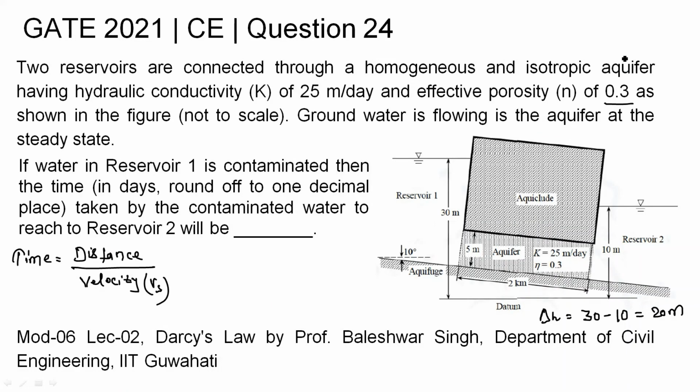Now you can find the time. The distance is 2 kilometer, that is 2 into 10 to the power 3, divided by the velocity you have just calculated, 0.833. Solve this equation quickly and you will get 2400 days.